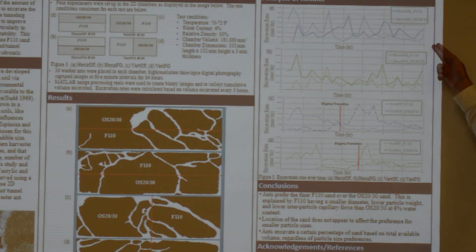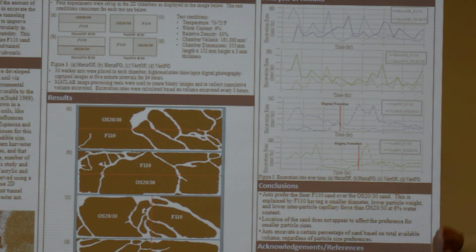On this top graph, it is excavation rate over time. As you can see, the ants primarily dug in the Ottawa 2030 for a time until they had access to the F110, at which point they started to dig in the F110 for a certain period of time, and then they started to excavate both sands for the rest of the test.